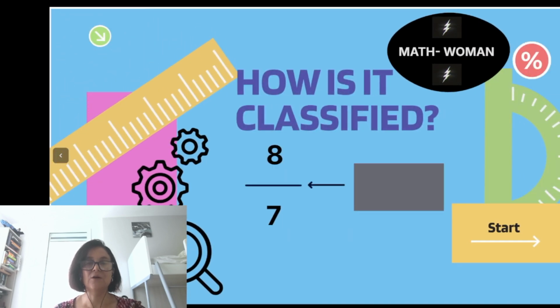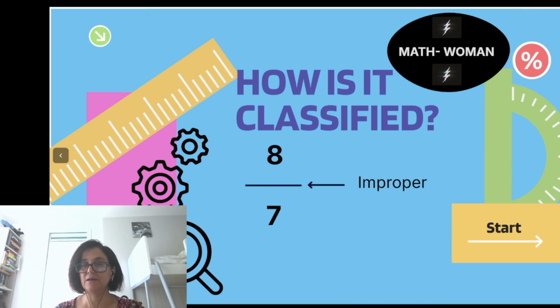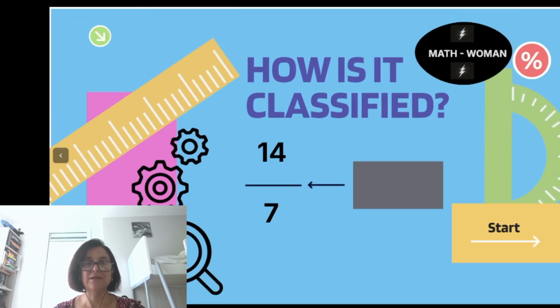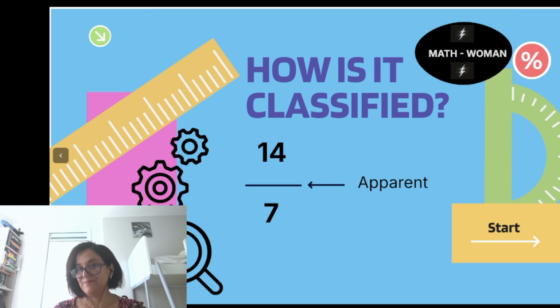How is 8 over 7 classified? It's an improper fraction because 8 is bigger than 7. How is it classified? It's an apparent fraction because 14 divided by 7 equals 2.